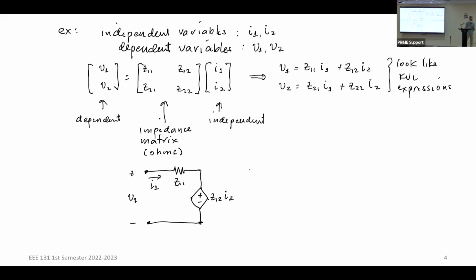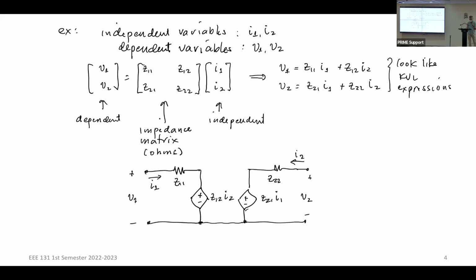And then my output side is going to be very similar. This is going to be Z21 I1. And then this is going to be Z22. Then I have V2. And then the current entering this is I2. And usually you have a common ground or a common reference for your voltages.